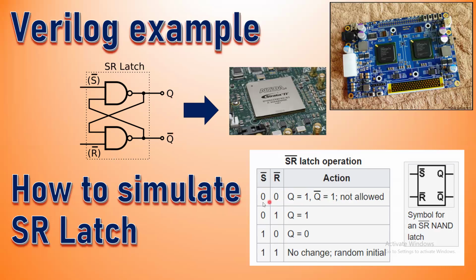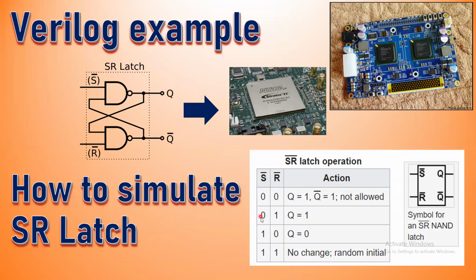Because of this combination, output Q is set to 1, and the inverted output Q bar is also set to 1, which is a forbidden condition in a latch or an SR flip-flop, so it's not allowed. However, this circuit is used to set the output to be 1 or 0, and accordingly the inverted output would be the complement of this.